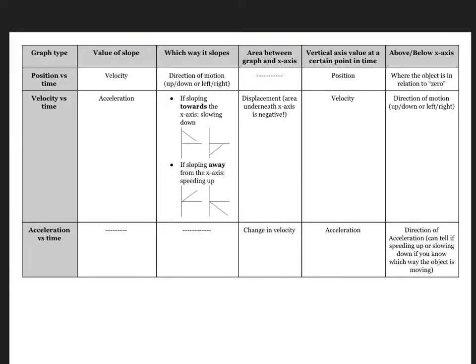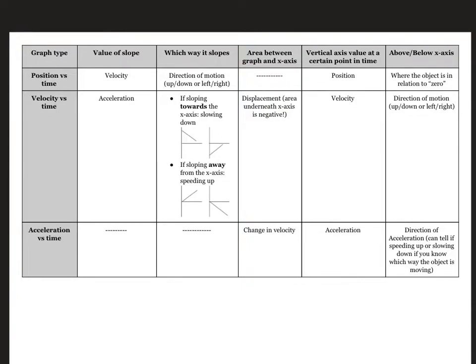It won't give me the velocity value, but it can tell me how much my velocity increased or decreased in a time period. If I read the vertical axis value, basically what the y-axis is telling me at a certain point in time, position versus time gives you position, velocity versus time gives you velocity, and acceleration versus time gives you acceleration.